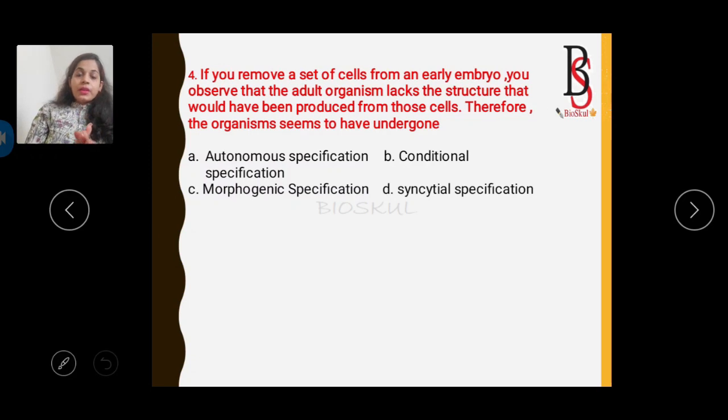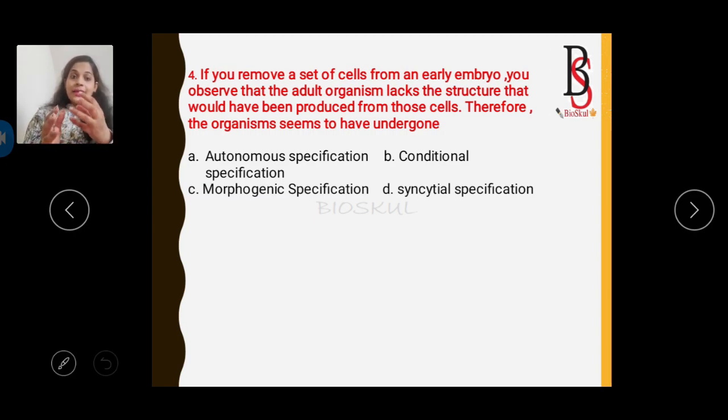Question number 4. If you remove a set of cells from an early embryo, you observe that the adult organism lacks the structure that would have been produced from those cells. Therefore, the organism seems to have undergone what?